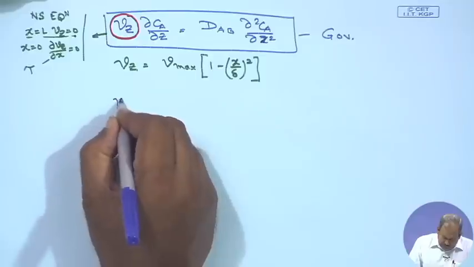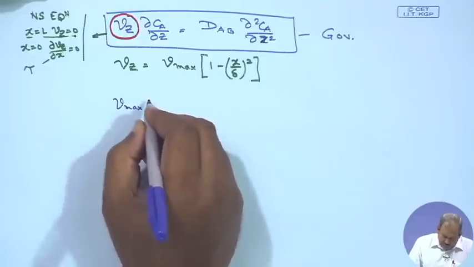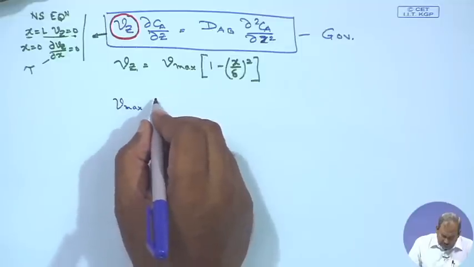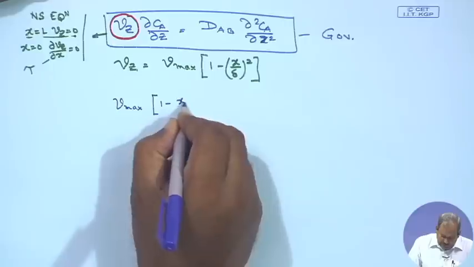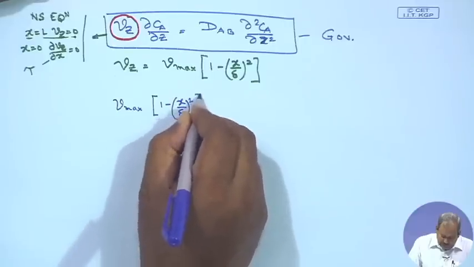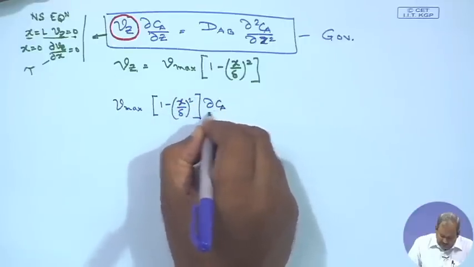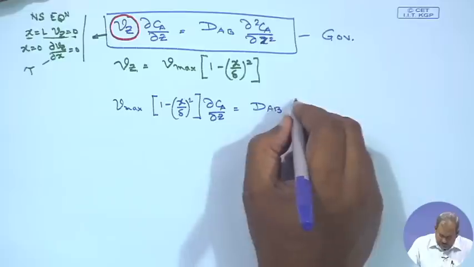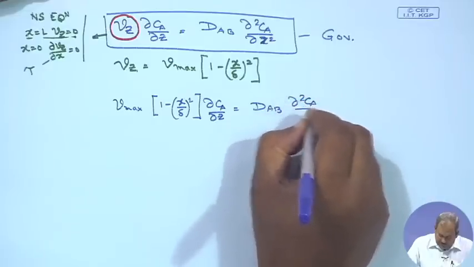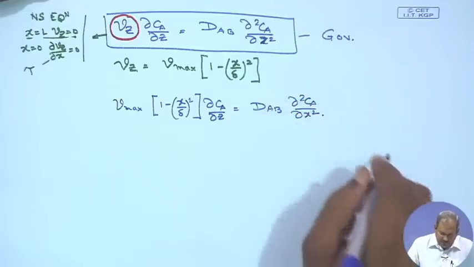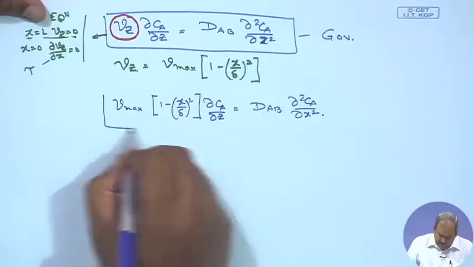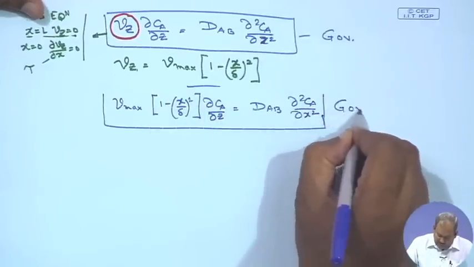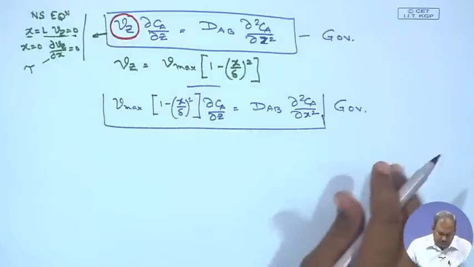So, your final form is going to be Vmax, which is a constant, times 1 minus x by delta whole square, times del Ca del z, equals DAB del square Ca by del x square. Okay. So, this is the final governing equation after you bring in the expression of Vz.